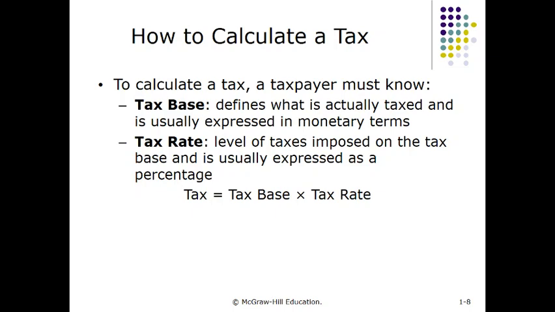And so the tax base usually is expressed in monetary terms, dollars, based upon the amount of income that you receive during a particular period, the tax year. And so you take the tax base, the amount that's taxable to you, and you multiply it by whatever rate is specified in the U.S. tax code. And so that would be the amount of tax that you owe.